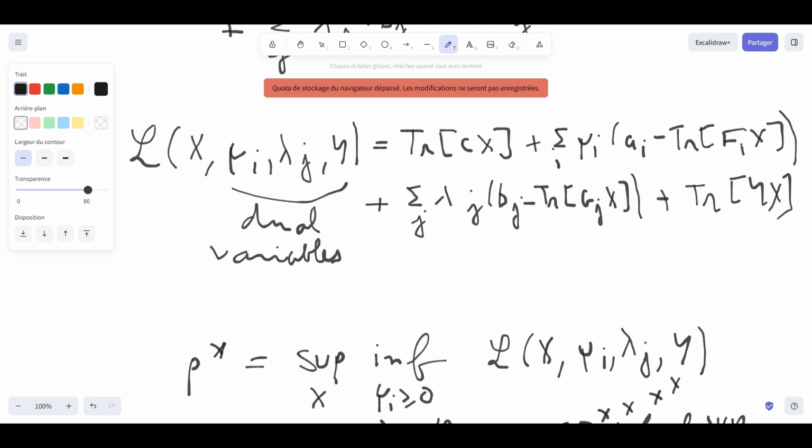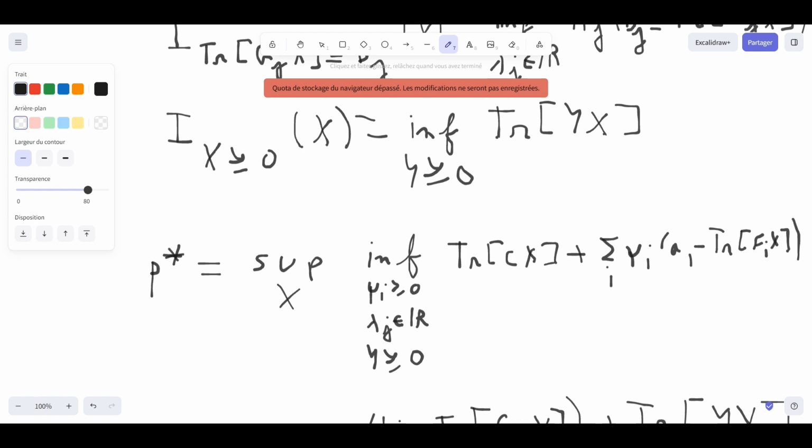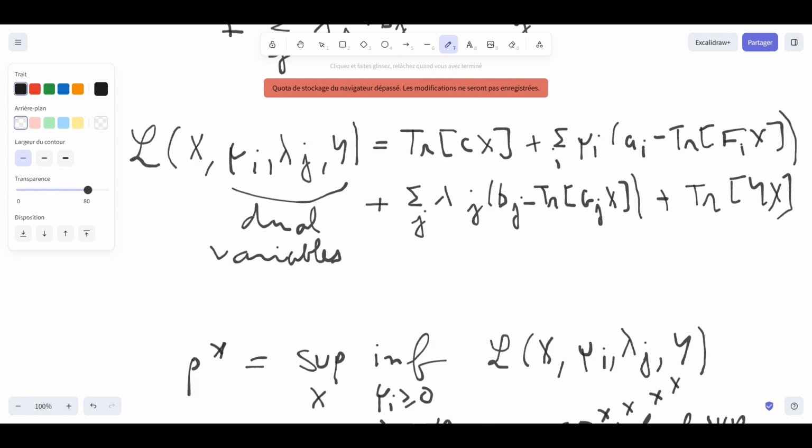So what we can see here is that maybe we factorize by the trace and after by x, because we have x here. So maybe we can isolate the terms that are not related to trace and c. So we have this sum over i of psi i, and here sum over j of lambda j bj.